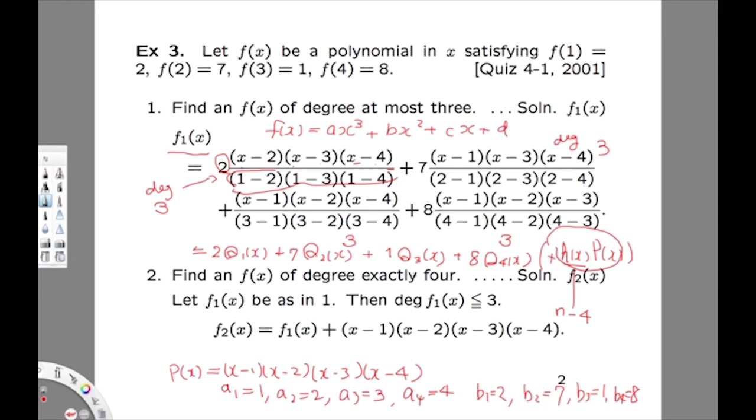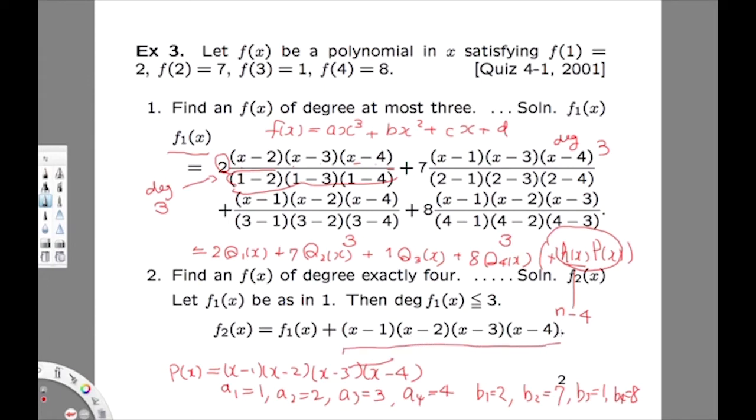So if you just add something like x to the 4th, that will give you a polynomial of degree 4. But if you just add x to the 4th power, that may change the value of f1 of x. So use this p of x. In this case, I just added this p of x at the end.